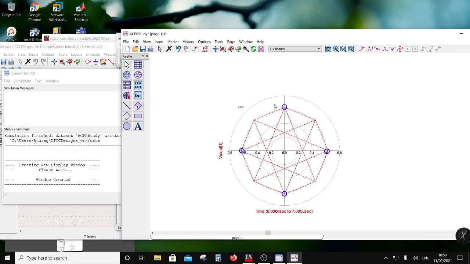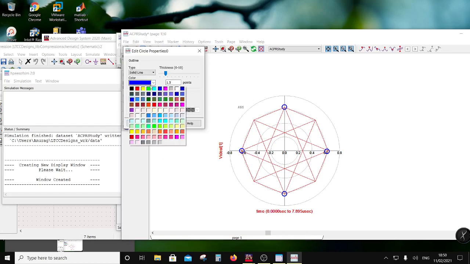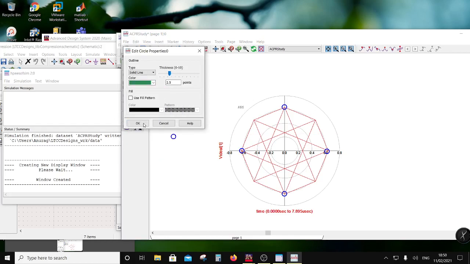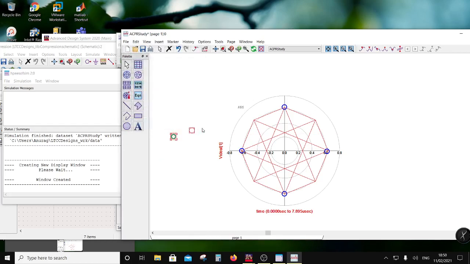Then the other group is the 45 and 135 group, which is what I explained in your previous session. Let's make this green colored. So this is one group, which is the 135, 45 group.